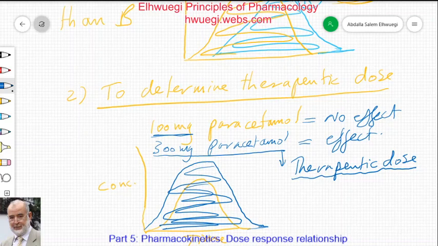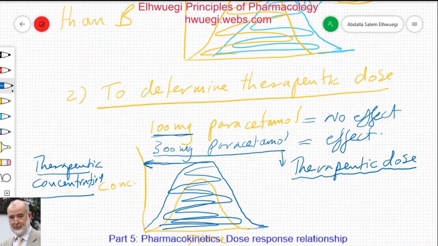Okay? Now, the maximum concentration, which we call Cmax, which is produced by the therapeutic dose, is known as therapeutic concentration. Okay?